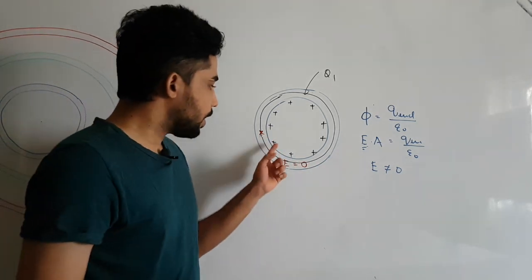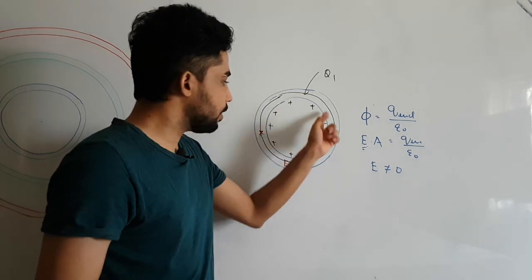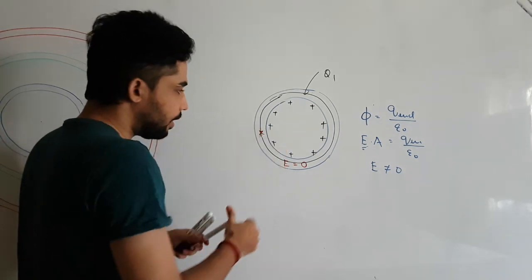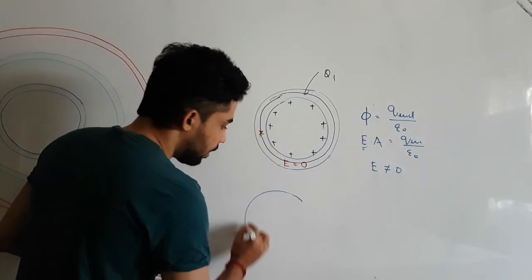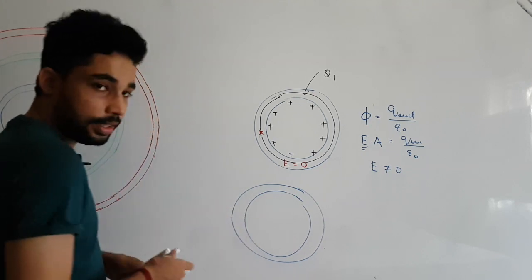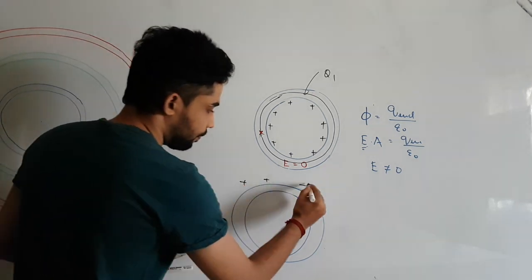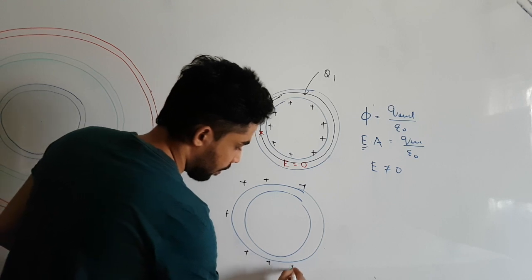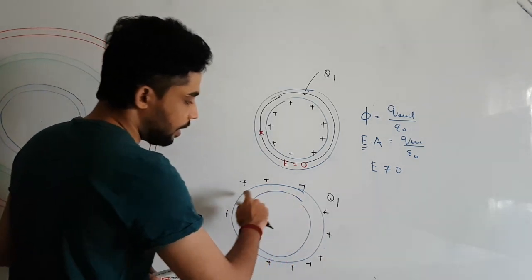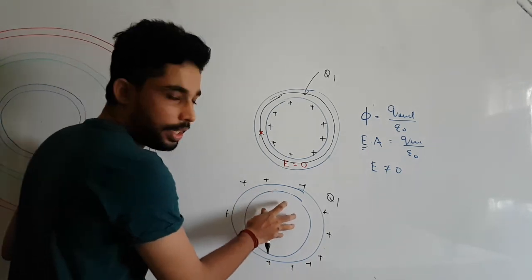So that's why we conclude that these charges are not going to settle on the inner surface. Rather, the charges will come and settle on the outer surface like this. If you take any Gaussian surface inside the conducting shell, it won't enclose any charges.